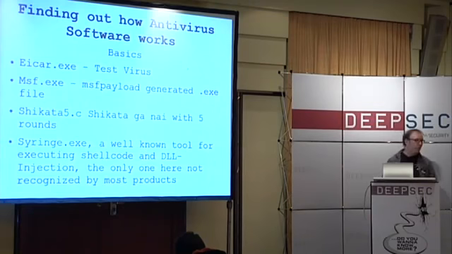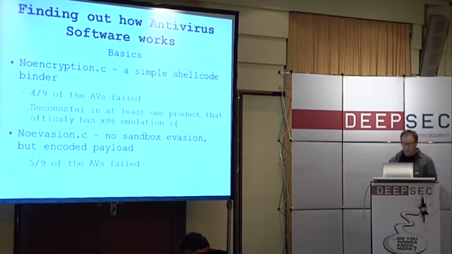So if you ever want some really simple antivirus evasion, you can go on and use Syringe. You can just Google for it. It's pretty easy to find. The first one is the example I already showed.